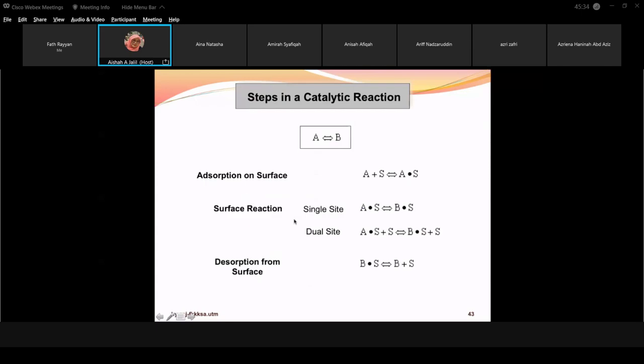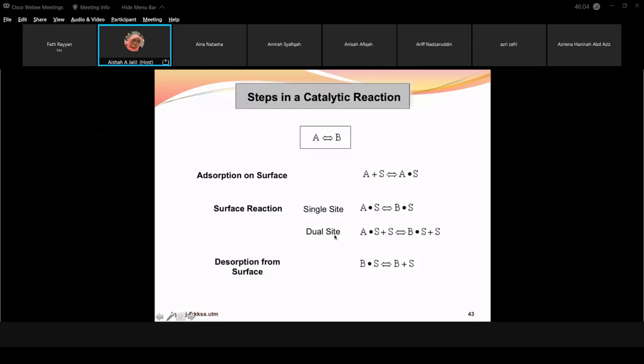And then the surface reaction, you have single site and dual site. The single site is A·S to B·S. The dual site is A·S plus S, because only A is the reactant, no other reactant. So if dual site, you have to put the S. One is a vacant site. Do you understand?